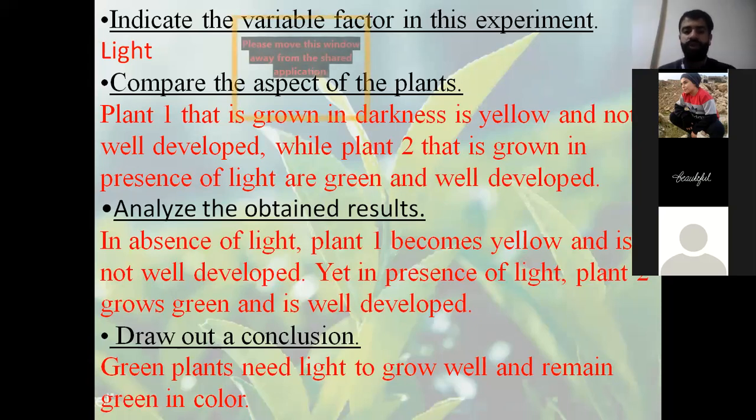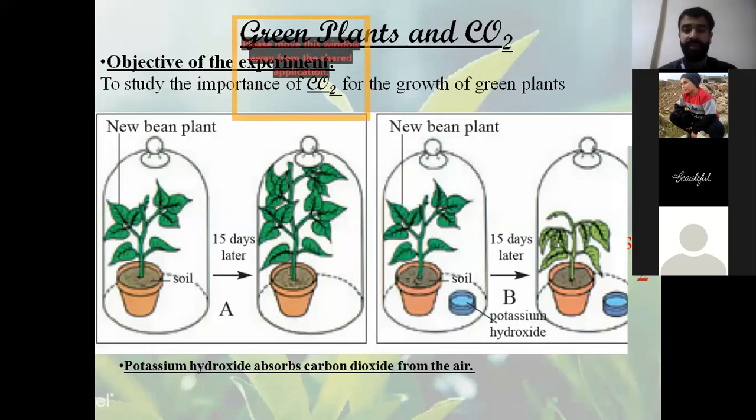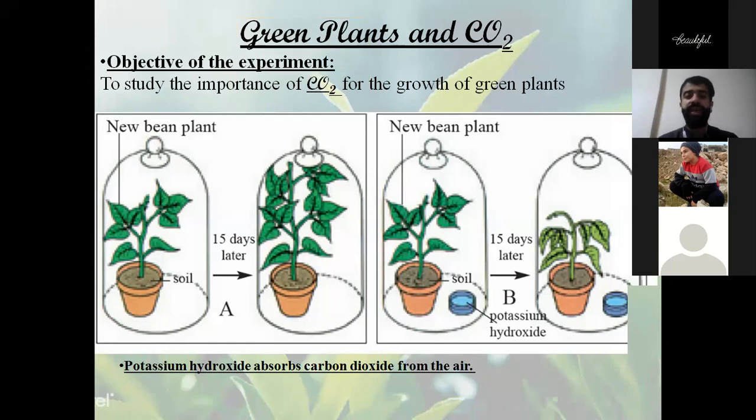Let's move now to the fourth experiment: green plants and carbon dioxide. The objective of this experiment is to study the importance of CO2 for the growth of green plants. Before we start, all of you know carbon dioxide is the CO2. But before I start, I want to ask a question.